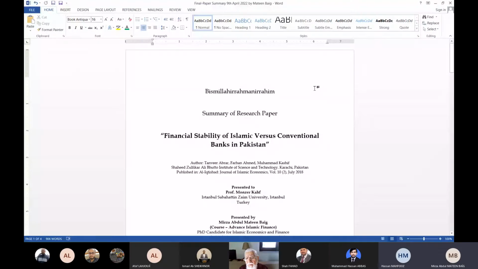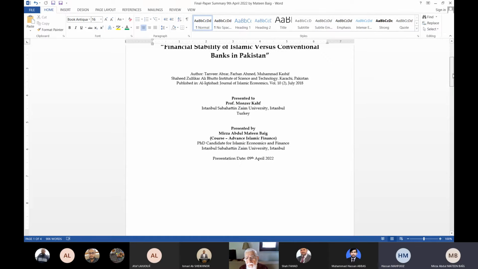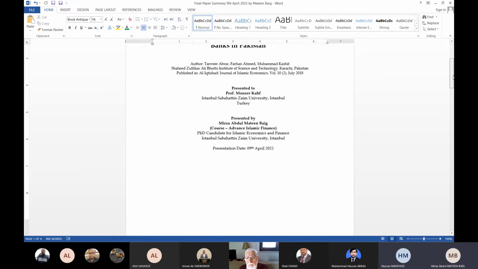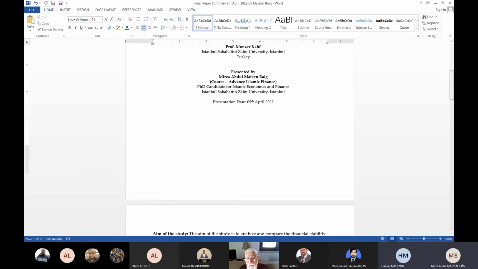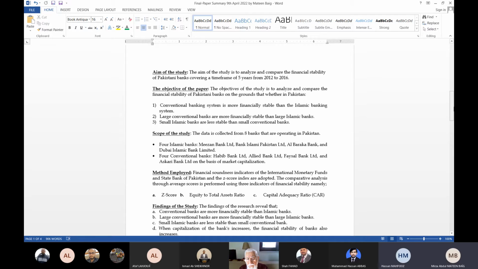Bismillah ar-Rahman ar-Rahim. The topic of the paper is financial stability of Islamic versus conventional banks in Pakistan. It was published in 2018 in Al-Iqtisadiyat, Journal of Islamic Economics. Basically, the objective of the paper was to analyze and compare the financial stability of Islamic banks on 3 grounds.